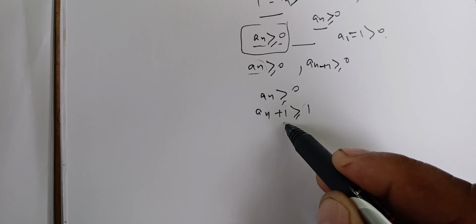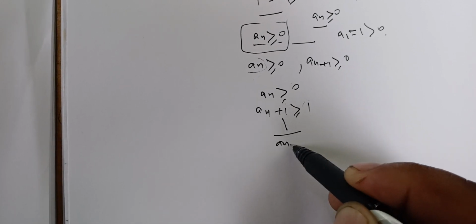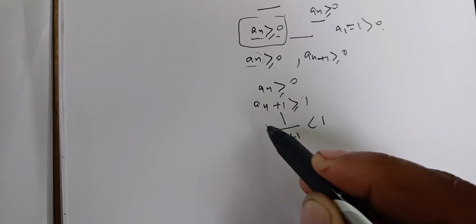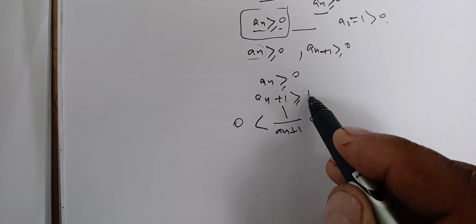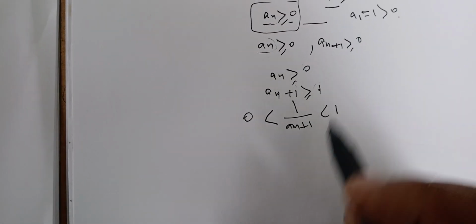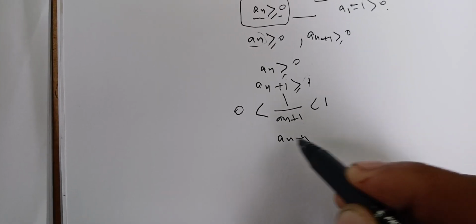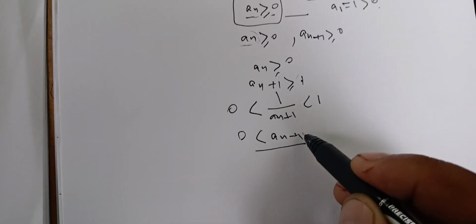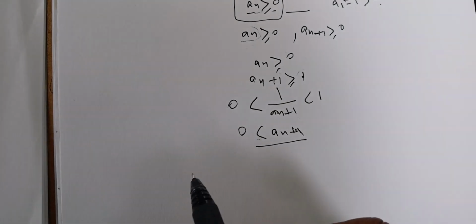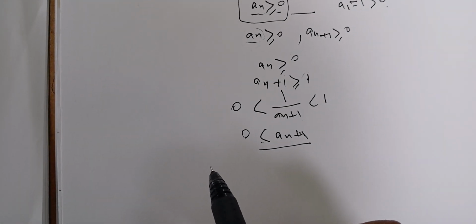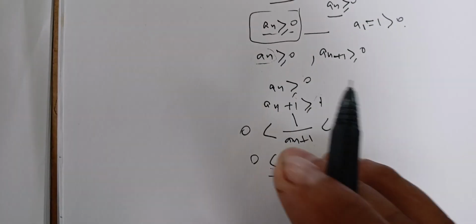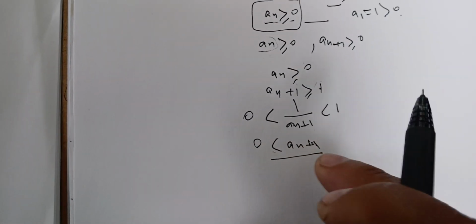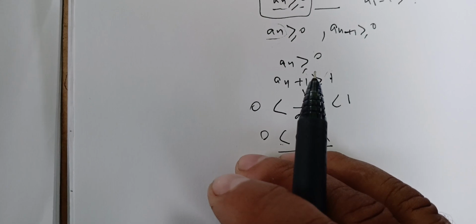When we invert it, we have a_{n+1} less than 1, but it's still positive. It's not 0 since 1 plus a_n is bigger than 1. Therefore, a_{n+1} is bigger than 0. So we have proved very quickly using induction that a_{n+1} is positive.